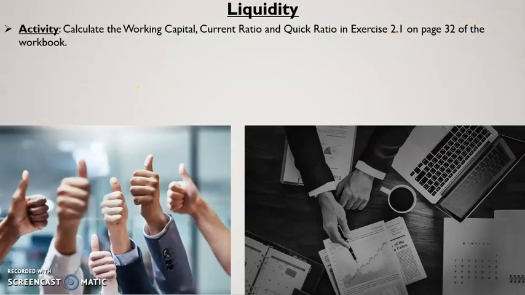In terms of our activities today, we're not going to introduce any more content. We're going to look at the debt to equity ratio tomorrow, but it's time to start getting into exercise 2.1 of our workbooks. So you will need to open up our Part 3 Analysis and Interpretation workbook and access page 32.